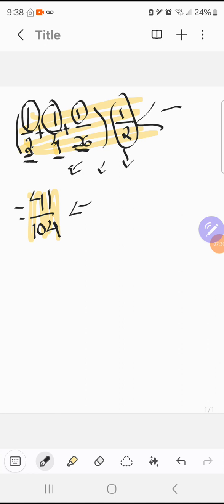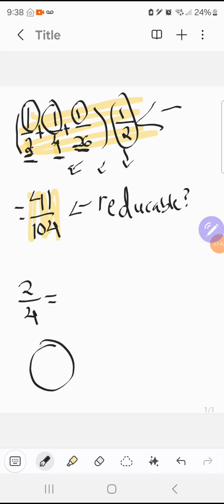Sometimes your answer might be reducible. What does reducible mean? Reducible means that when you have something like 2 over 4, it can equal something much smaller. I'll show you in pie slices again. I have 4 pie slices, right? And it says at the top that 2 of them are filled out. Okay? This is the exact same thing as if I had that.